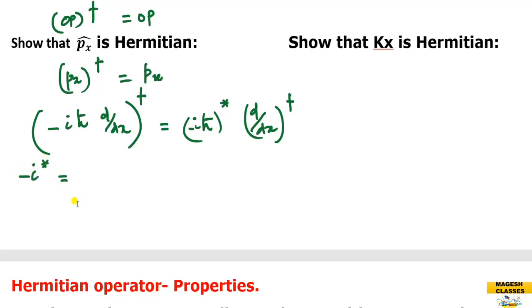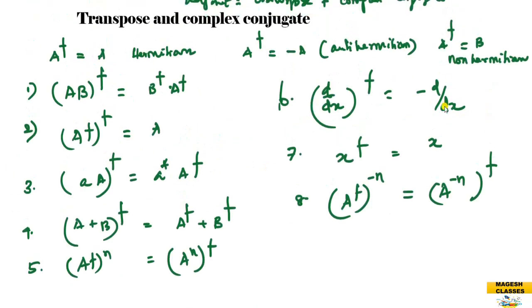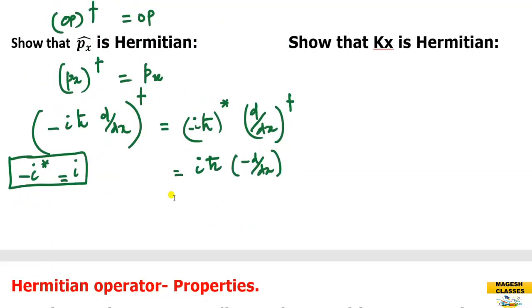This is equal to plus i. So this will be i h cut, and the d by dx value is minus d by dx. Clear? D by dx dagger is equal to minus d by dx. So this is equal to minus i h cut d by dx. You get the operator back. So Px is Hermitian.